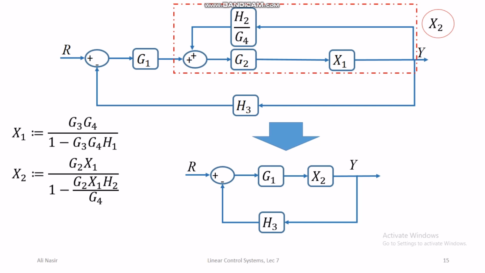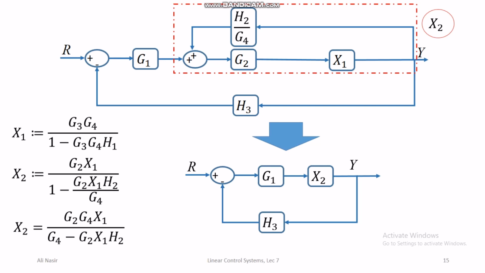So in the expression for x2, you can basically take g4 in the denominator as LCM, and you can simplify the expression for x2 a little bit. So now look at this simplified block diagram at the bottom of the slide, and this is now just a single loop block diagram, the kind of block diagram that we know how to deal with.